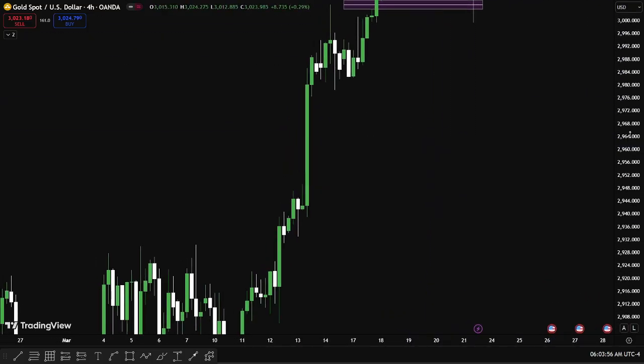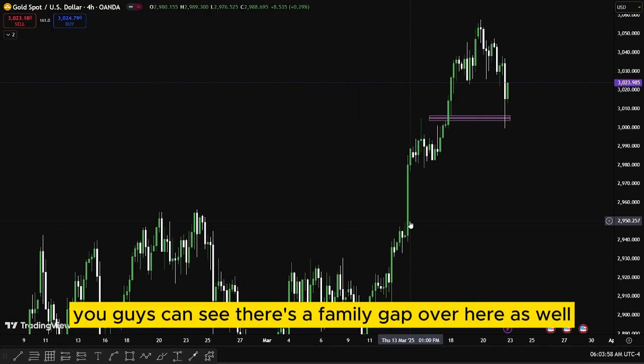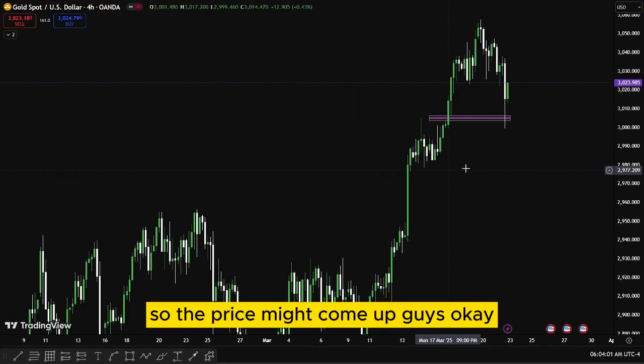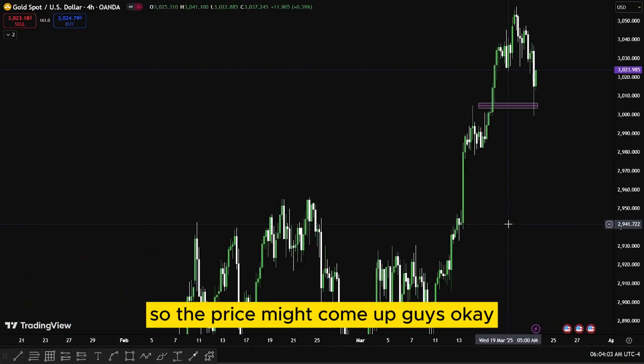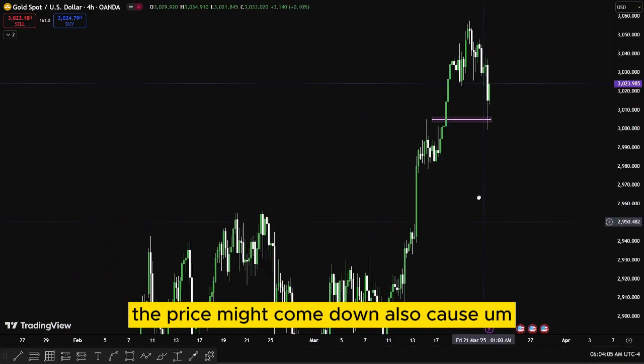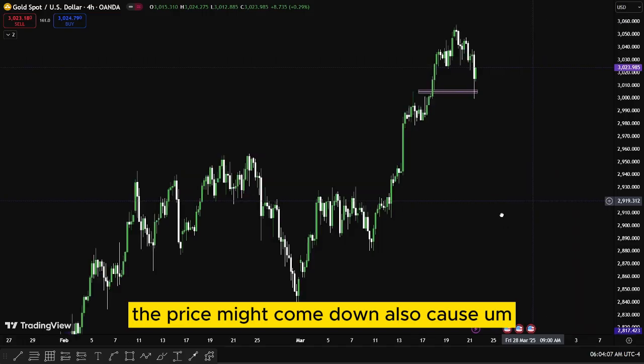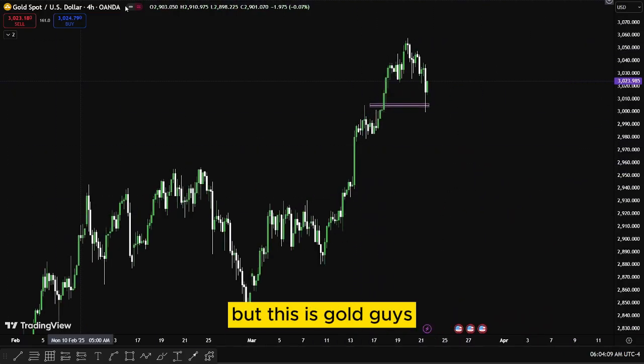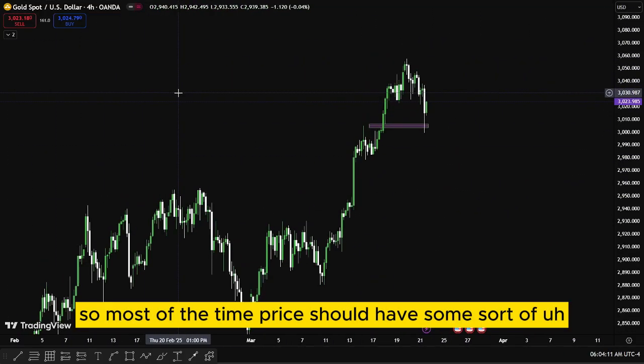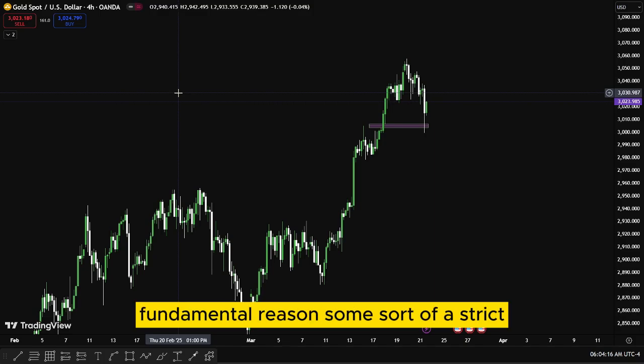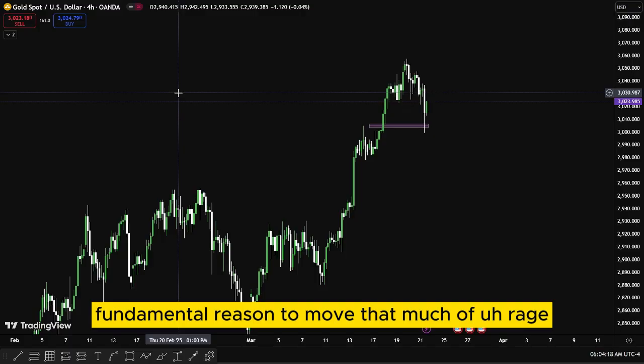And you guys can see there's a fair value gap over here as well. So the price might come up, guys. The price might come down also, because there's a fair value gap over here, but this is gold, guys. So most of the time price should have some sort of a strict fundamental reason to move that much range.